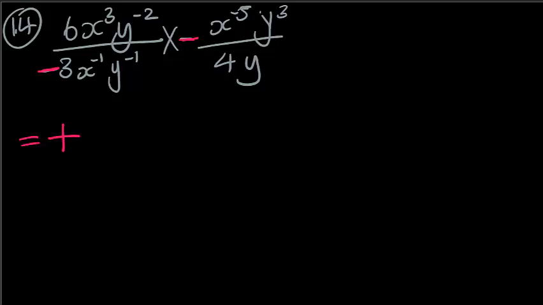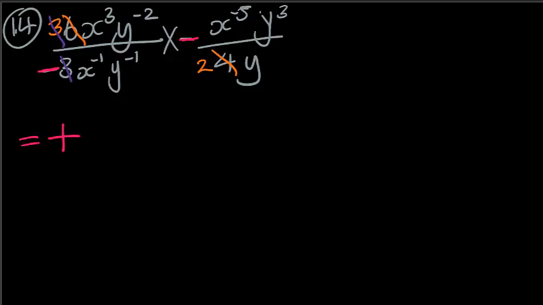I've got 6 over 3, 1 over 4. 6 and 4 have a common factor of 2. So 2 goes into 4 2 times, and 2 goes into 6 3 times. Looking at my coefficients again, I've got 3 over 3, 1 over 2. 3 over 3 cancel out, becoming 1 over 1.